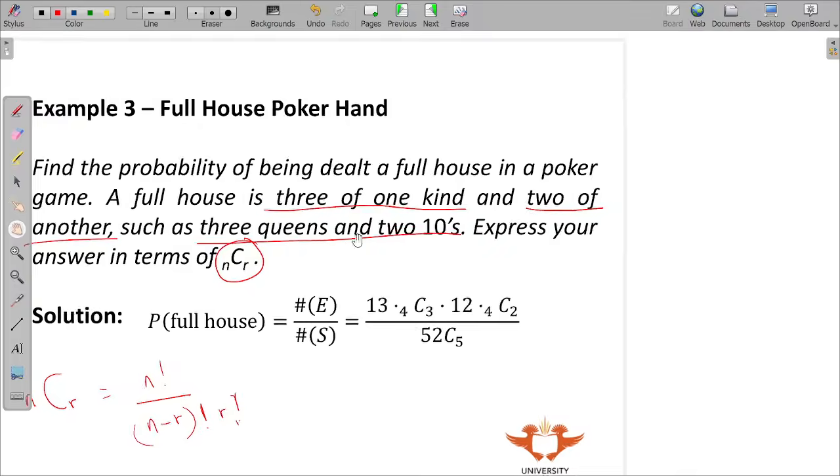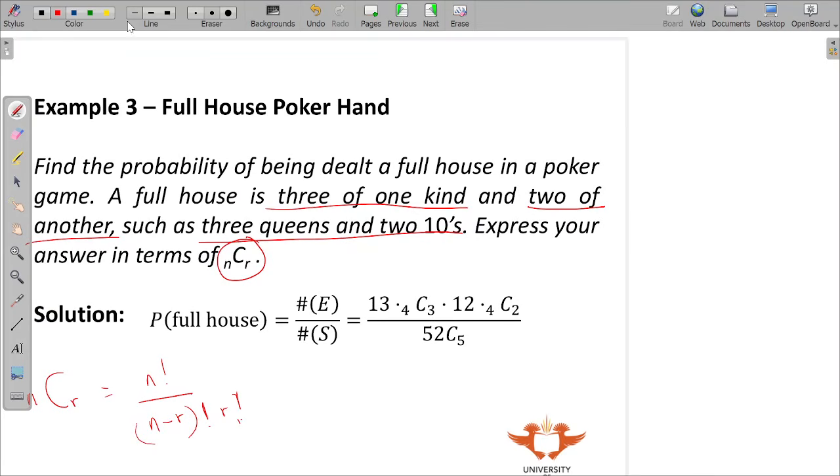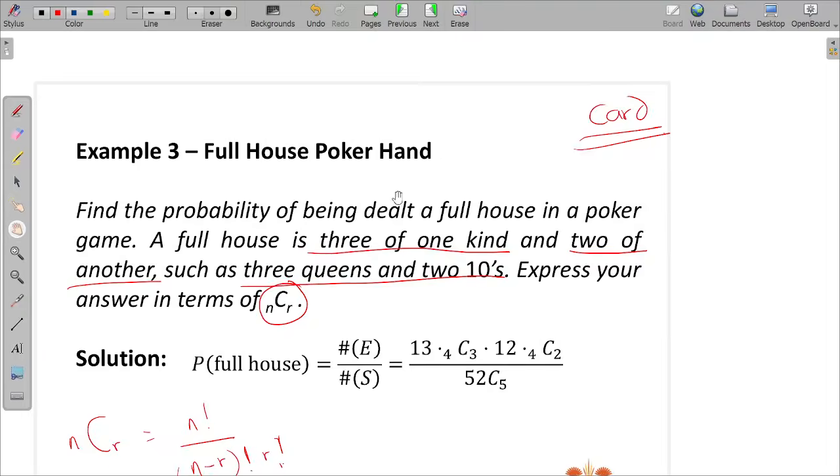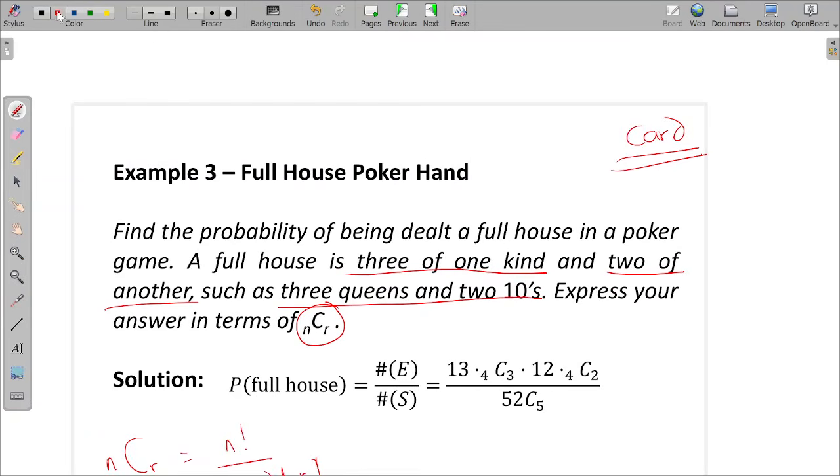All right. So now in a full house, we are dealing with three of one kind and 2 of another. Now we are talking about cards in a deck of cards. You must know what is in a deck of cards. In probability, 3 things are important to know. Number 1, the outcome of a coin. Number 2, the possible outcomes of a die.